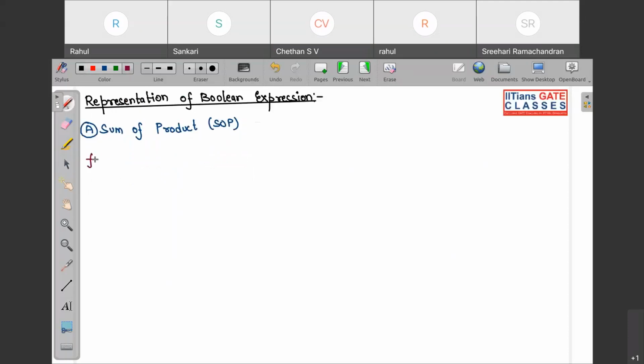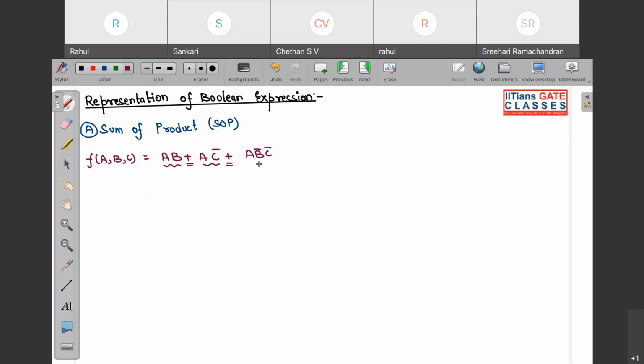If I have a Boolean expression which is a function of a, b, c, that means it has three variables, and I take a random Boolean expression like AB plus AB complement plus AC complement plus AB complement C complement, such an expression is known as sum of product.